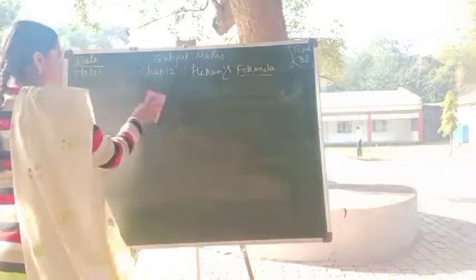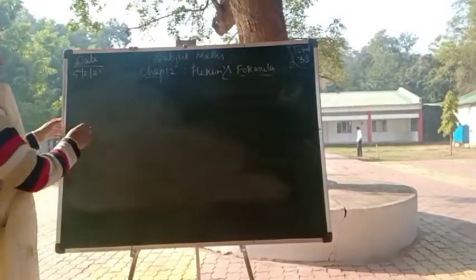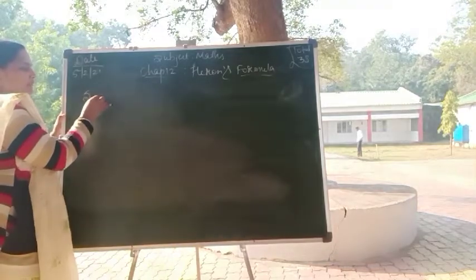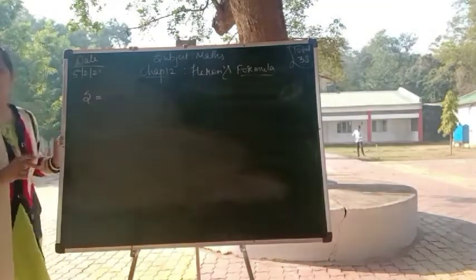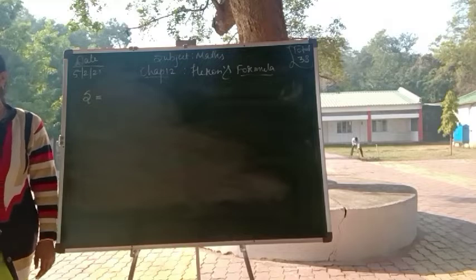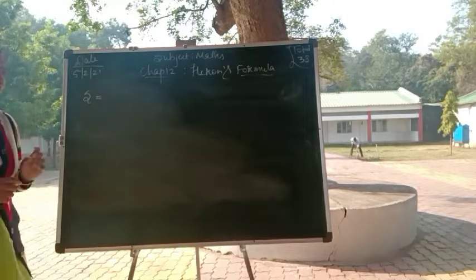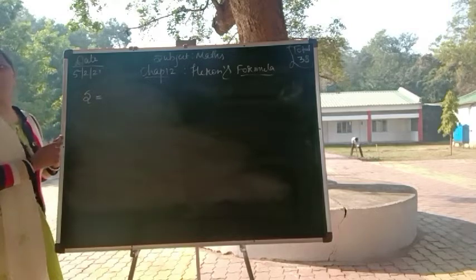Let's see what Heron's formula is. The formula is, first is the semi-perimeter. What is this? Perimeter means the sum of all three sides of a triangle. Semi-perimeter means half of the perimeter.